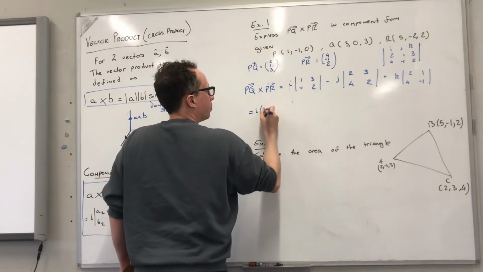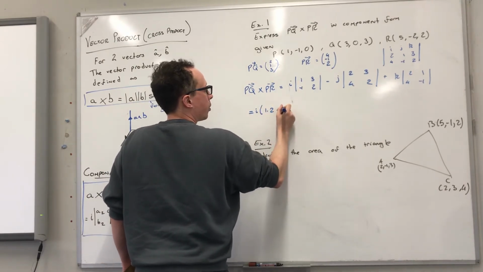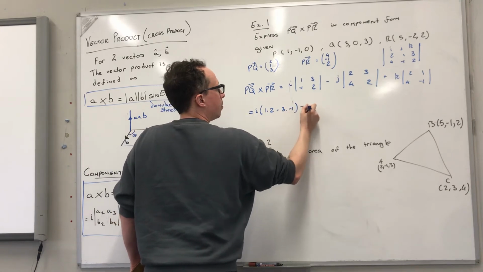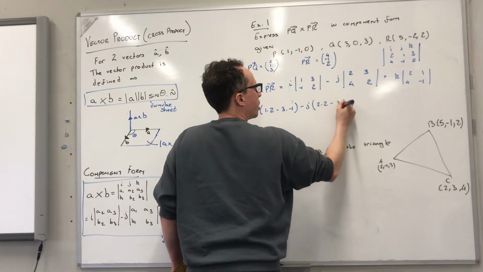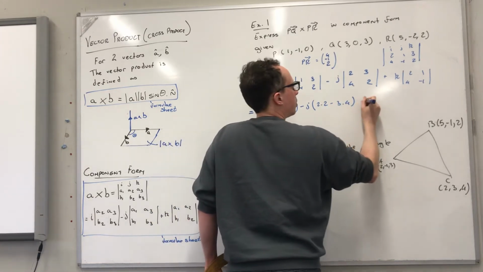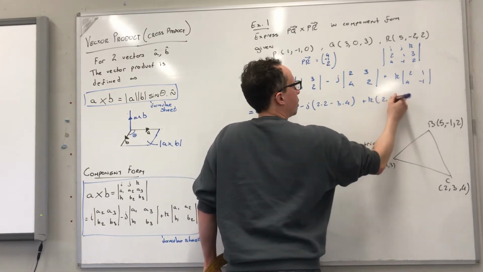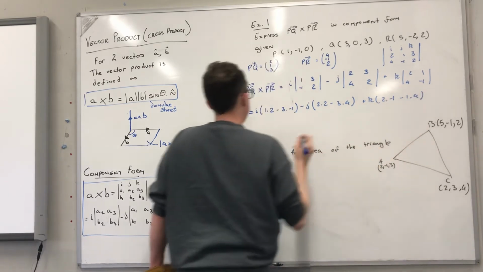1 times 2 minus 3 times negative 1, minus j, 2 times 2 minus 3 times 4, plus k, 2 times negative 1 minus 1 times 4.